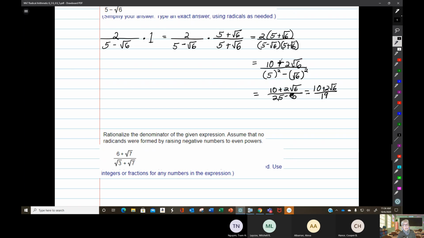But there is something I really should not have done, and that is I should have left it like this. Because what if the answer had been a little bit different and I had had 18 down here? Then I could have canceled the 2 into the 18 and had 9, and my math lab would count it wrong.